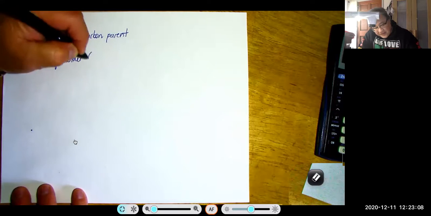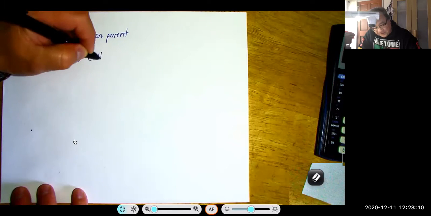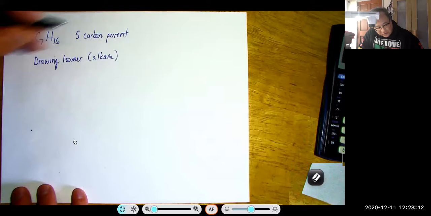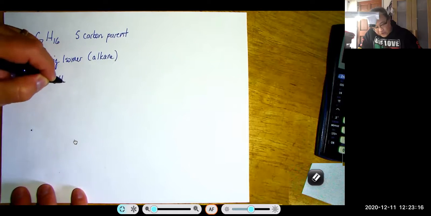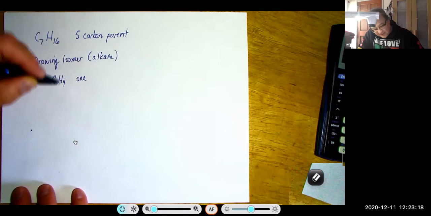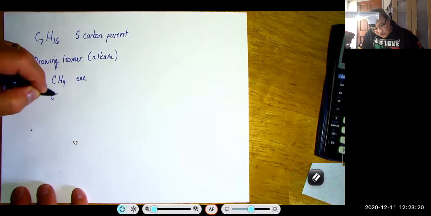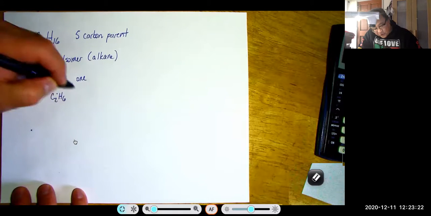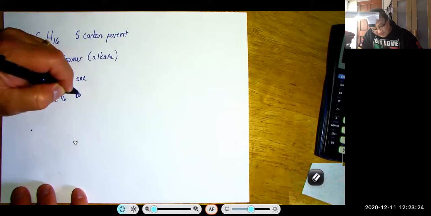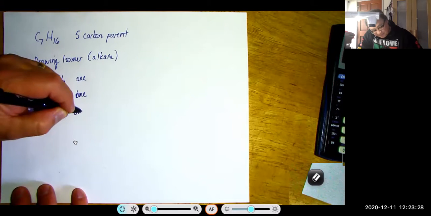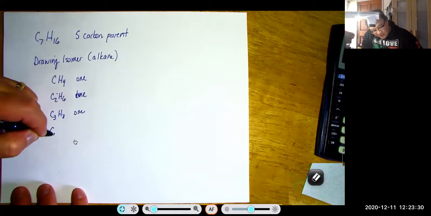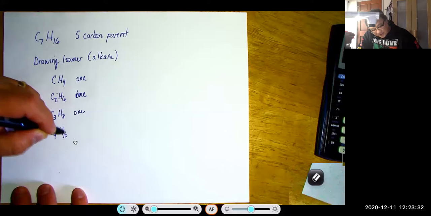And these are going to be alkane isomers. So when you look at alkane isomers, CH4 has only one. C2H6 has one, I'm sorry. C3H8 only has one. And C4H10 has two.